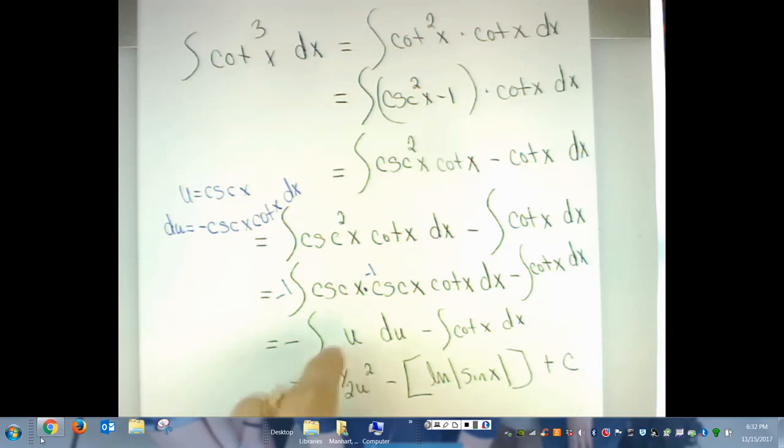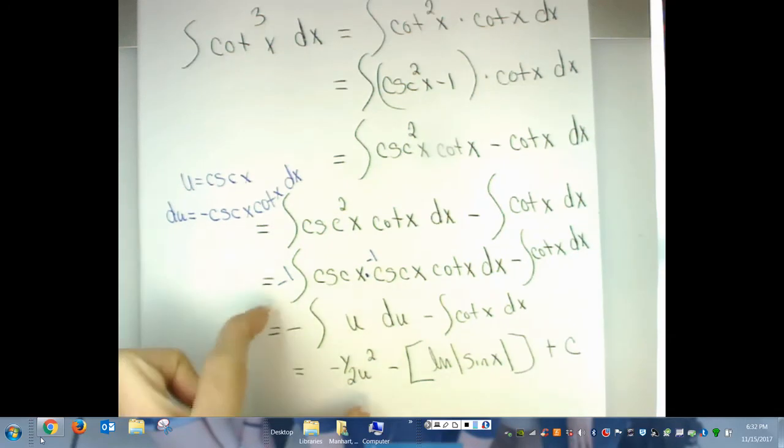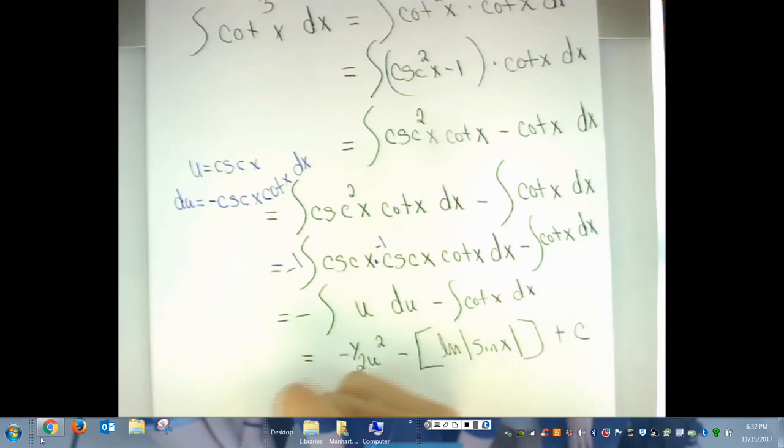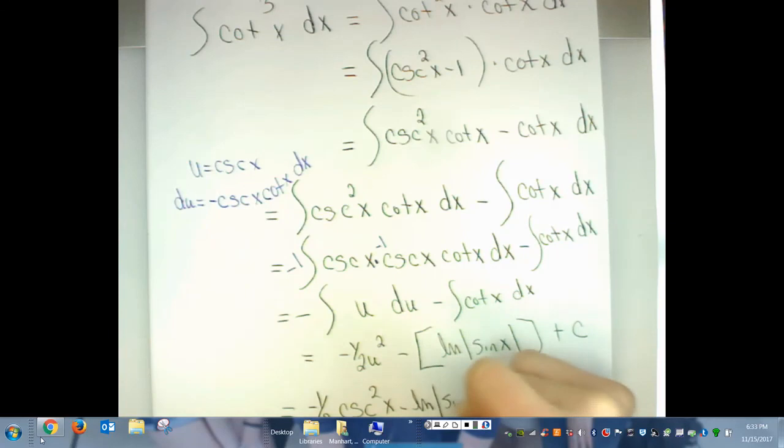So you cannot have u and x in the same integrand. This is u, this is x. I did nothing wrong. I integrated. Now I do need to go back and say that's negative 1/2 cosecant squared x minus the natural log absolute value of sine x plus c.